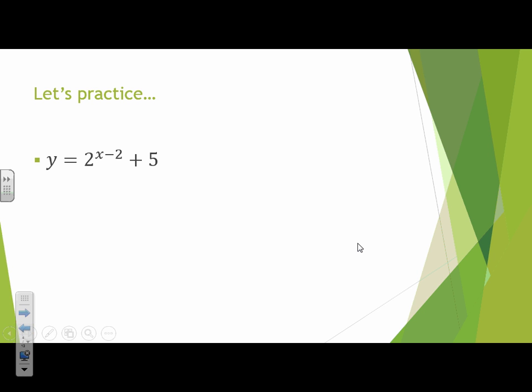To the right, okay? It looks like a negative 2, okay, but it's actually opposite. It's a positive 2, so that's why we're moving to the right. So h is equal to 2, then the graph moves 2 units right.